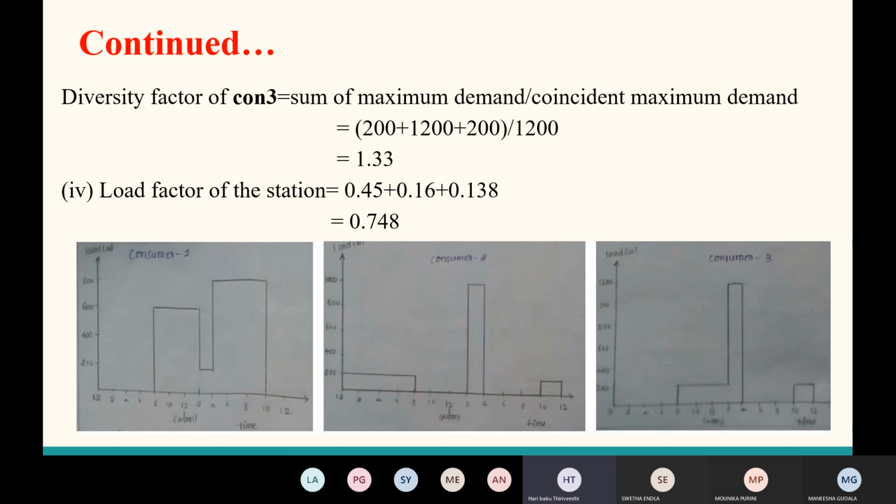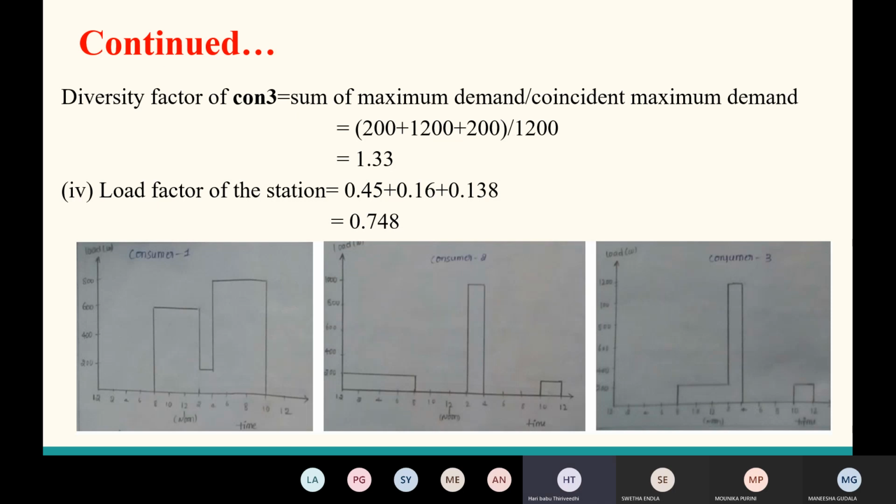Second column, demand, write down: 900 kilowatt, second one 1000 kilowatt, third one 2100 kilowatt, fourth one 2000 kilowatt.